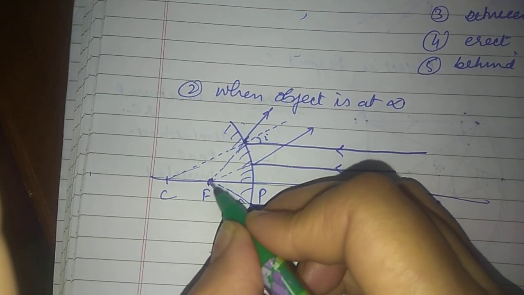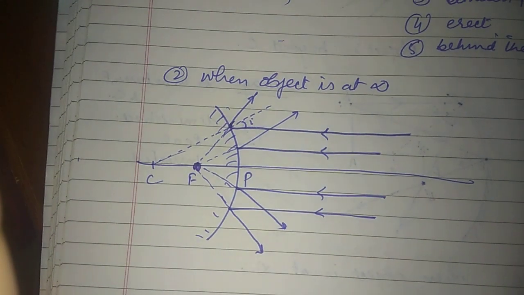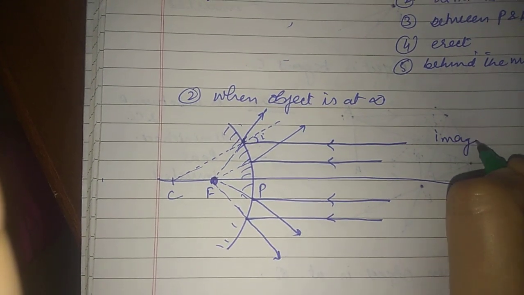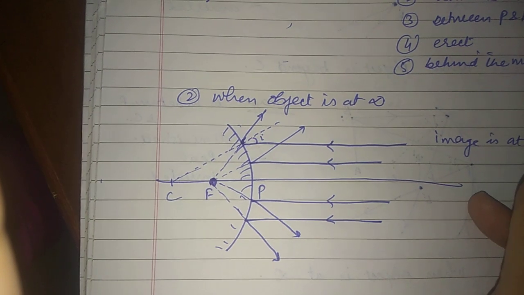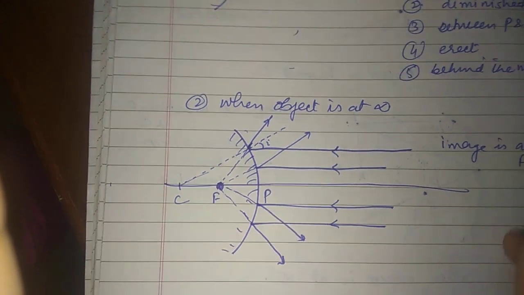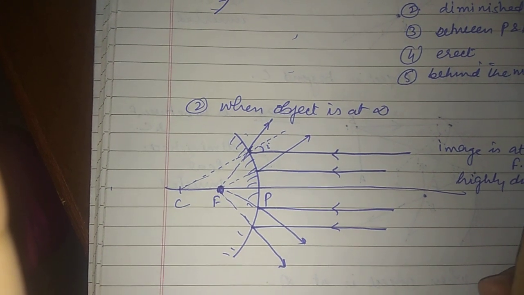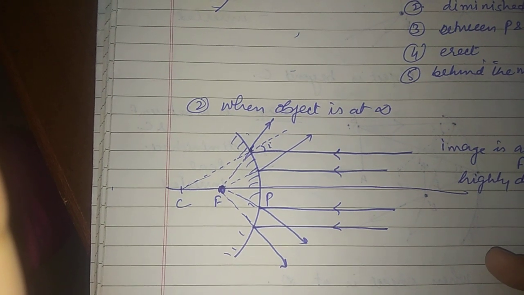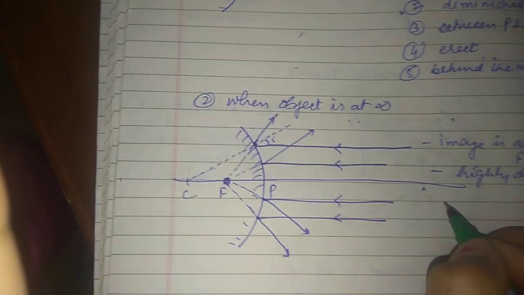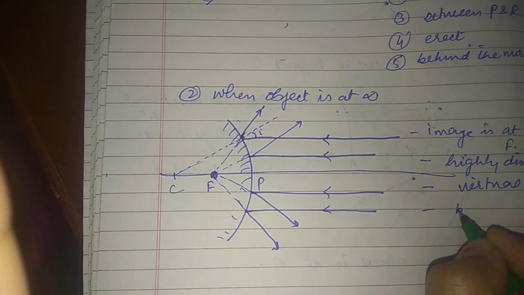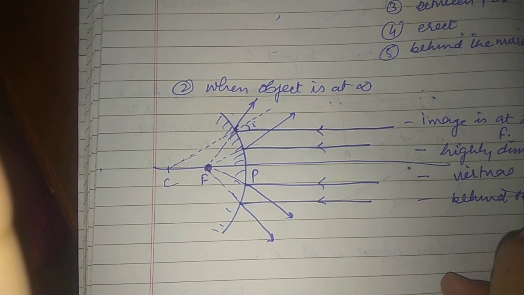So here you will get the image at this point F, focus. So here image would be at focus, and highly diminished, and third, it is virtual, behind the mirror.